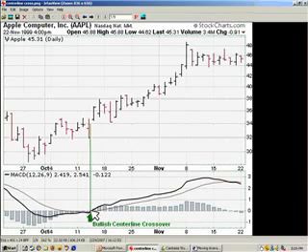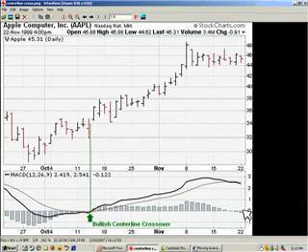So this, in and of itself, is a long signal. MACD crossing the zero line to the upside. Of course, once MACD turns and rolls over, crosses the zero line to the negative side, then a centerline crossover in that case would be considered a bearish signal.